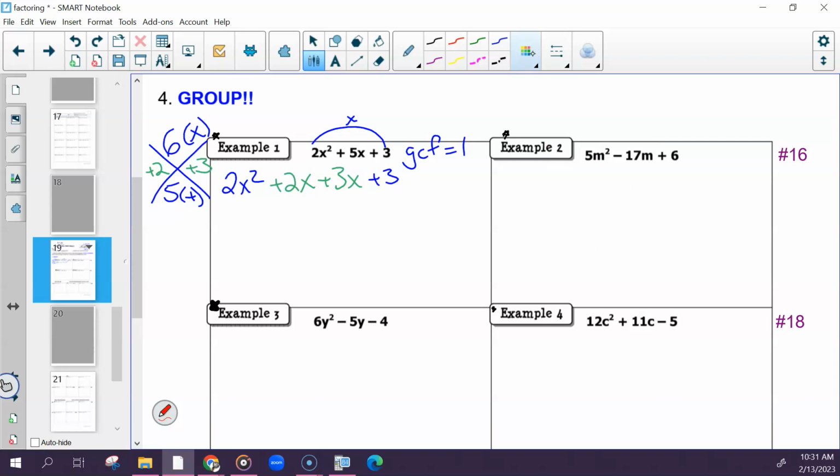Now we have 4 terms, so we can split it down the middle, and we're going back to our grouping process. What do these first 2 have in common? Two x. So if we were to divide both of these by 2x, what would be left?